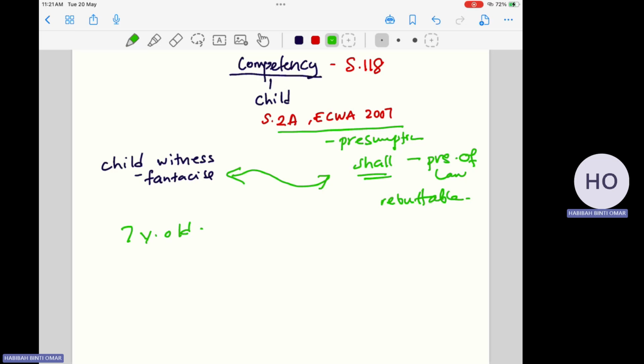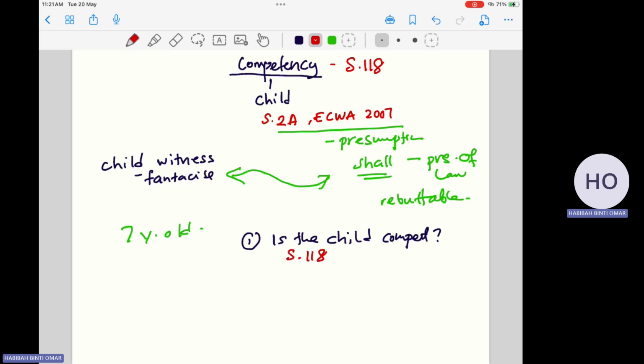So when you deal with matters of children testifying, there are always two issues. Number one, is the child competent? That will be number one. This particular question has been answered positively by looking at section 118.